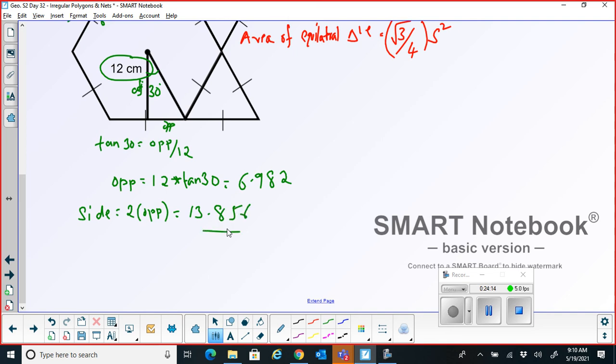Now the perimeter of the hexagon is nothing but 6 times this number, 6 times 13.856, which gives us 83.138.